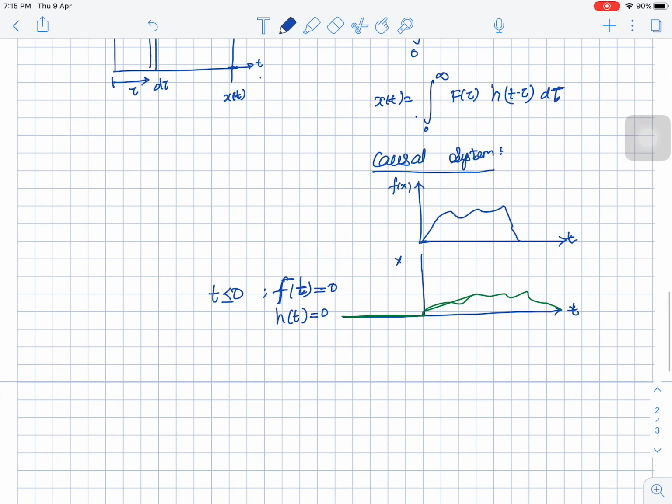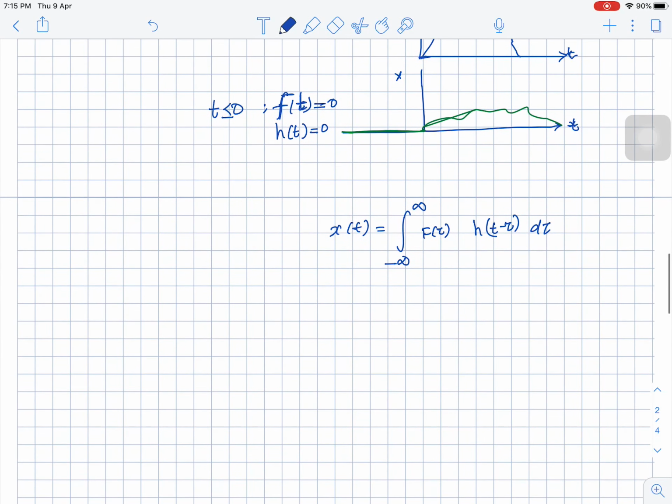So therefore we can write this response function as the integral from minus infinity to plus infinity of f of tau h of t minus tau d tau. Now there is a symmetry that exists. This minus infinity to plus infinity leads to symmetry, and this symmetry leads to the convolution.